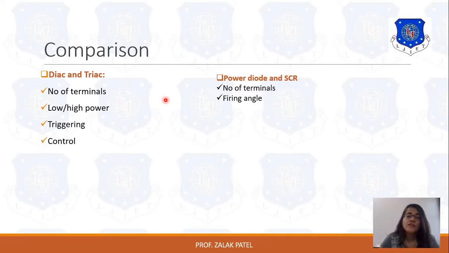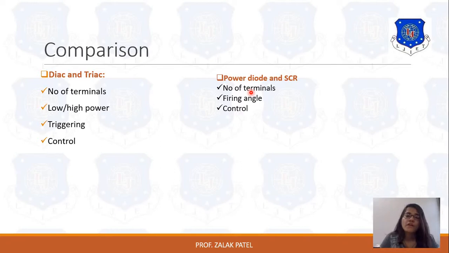Firing angle: we already discussed the classification of power circuits. In that case we saw the diagrams of power diode as a rectifier, as an inverter. The waveform offers the alpha angle as a firing angle in case of SCR, and that will be absent in case of power diode. It also provides control: in case of SCR, control will be provided by the gate terminal.